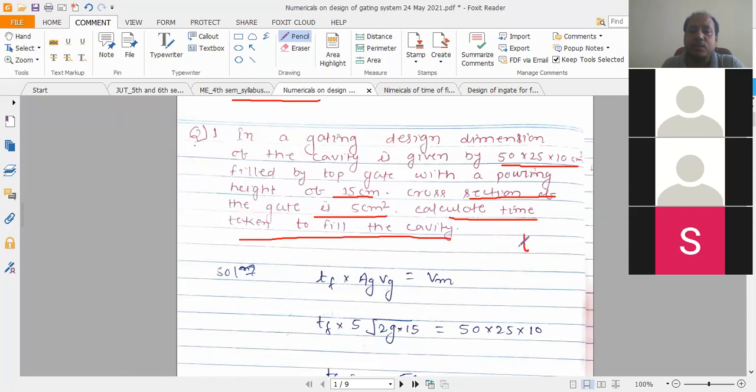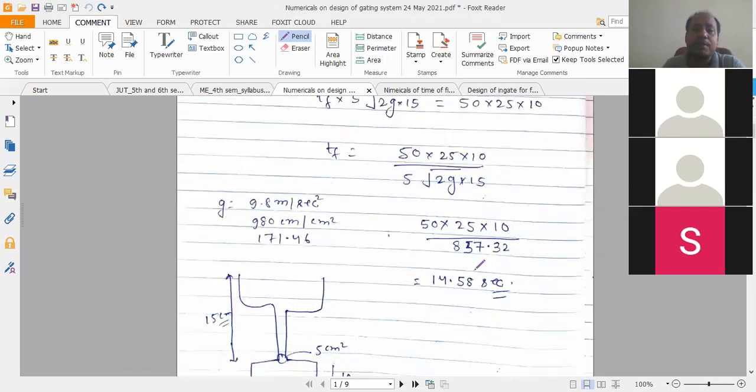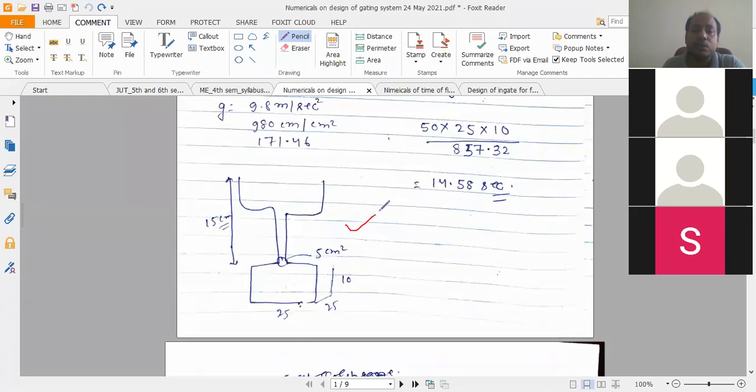So let me define this as the time of filling when the top gate is applied. The situation is shown in the figure here.